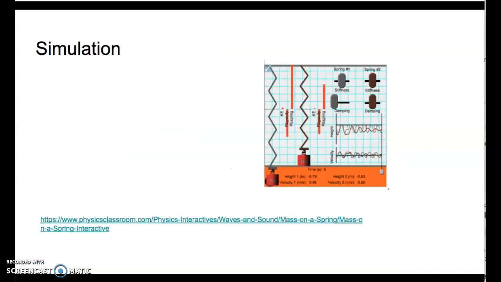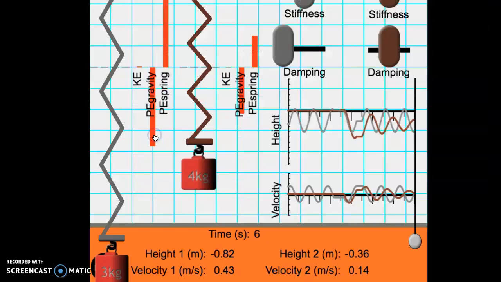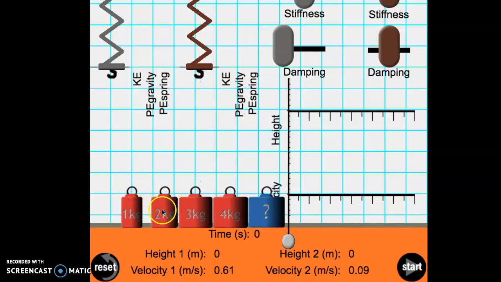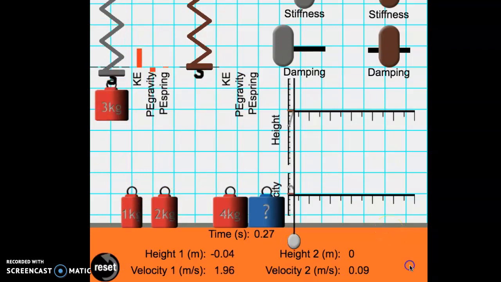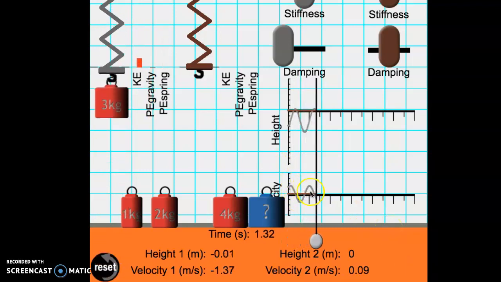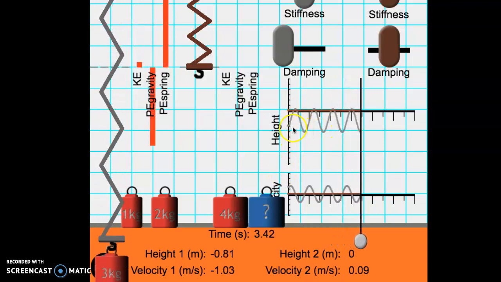We've got this simulation, which if you click on this, it'll take you to this, which can be full screen. And here you can put these weights on and off. So if I click a weight on there and then start that, then you'll get a plot here of the velocity and the displacement.